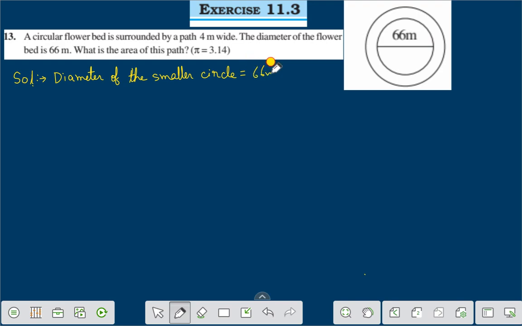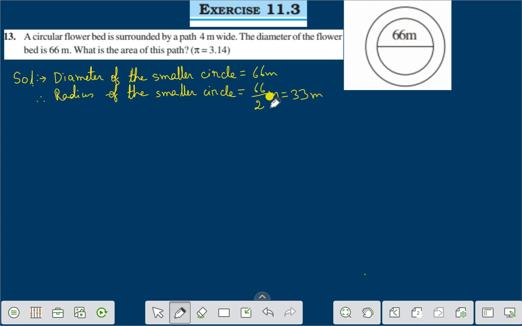Therefore, radius of the smaller circle is equal to 66 by 2 meter, and that is equal to 33 meter. This is the radius of the smaller circle, this circle.